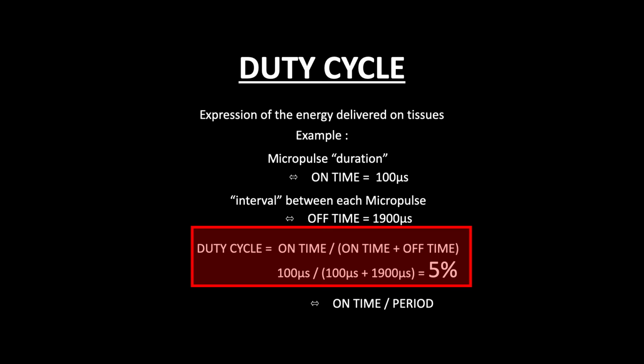A 5% duty cycle means that the laser is delivering heat 5% of the time, and 95% of the time it is off.